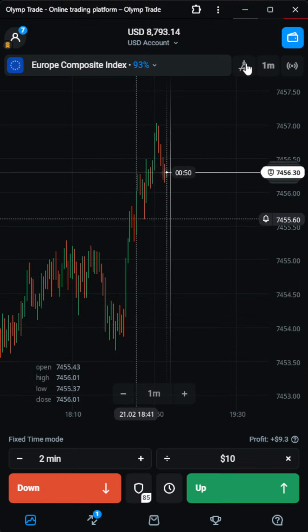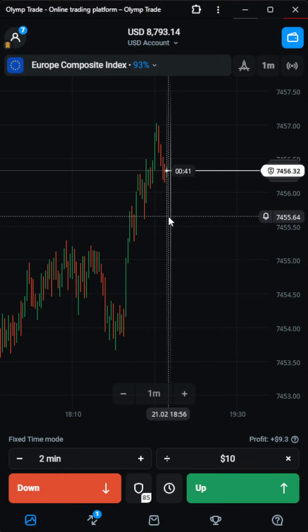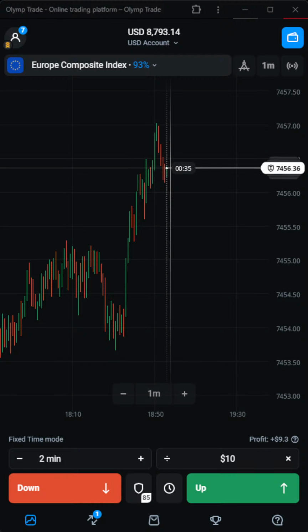As indicated, we will be taking some live trades using a very simple trading strategy. The name of the strategy is triple rebound. To apply this trading strategy, it's a very easy approach. You can go ahead on this A symbol, which is a technical analysis symbol.